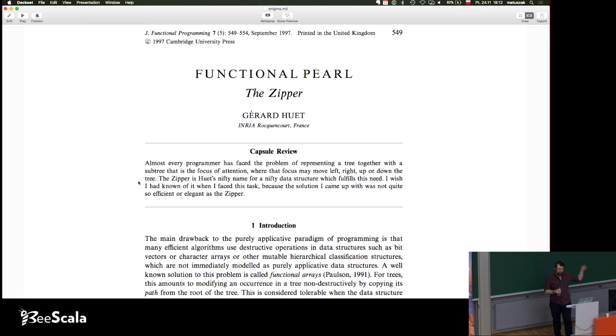In a moment, I will show you how we can approach this problem with zippers. So in 1997, a French guy called Gérard Huet wrote a paper. He didn't discover this, but he was the first one who wrote this on paper.